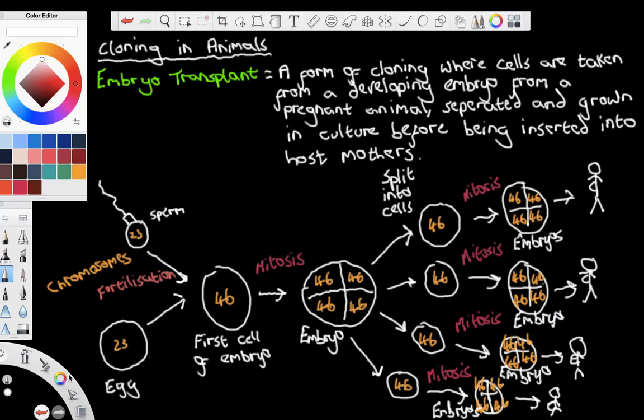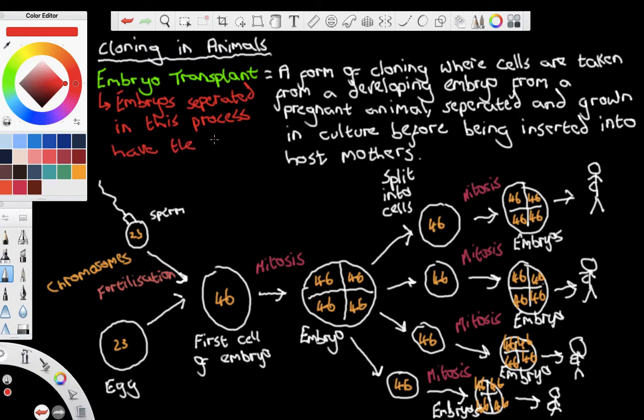So it's worth putting here that the embryos separated in this process have the same DNA as each other.